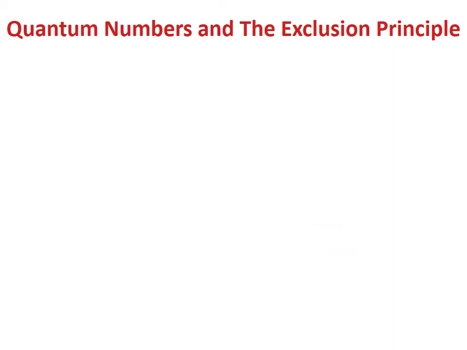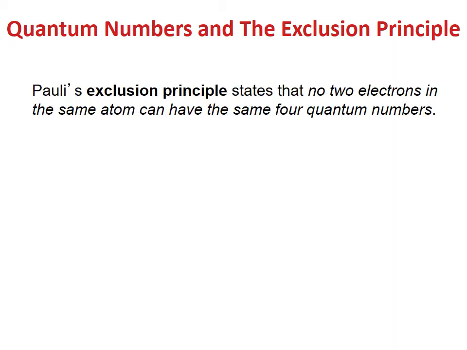In addition to the 4th quantum number, spin quantum number, there are other features that become more important when we discuss many electron systems. One of them is called the Pauli exclusion principle. This principle states that no 2 electrons in the same atom can have the same 4 quantum numbers.